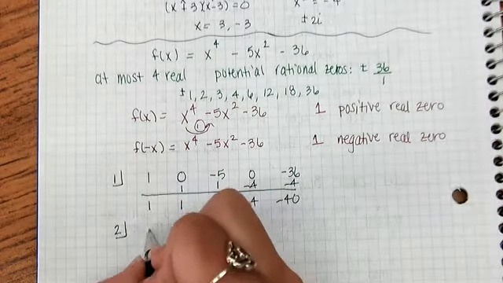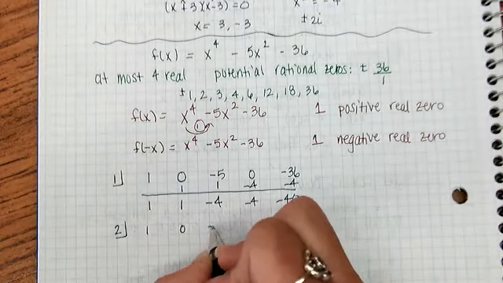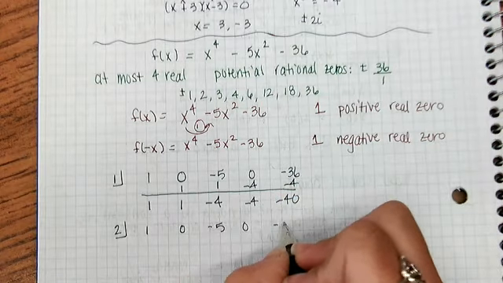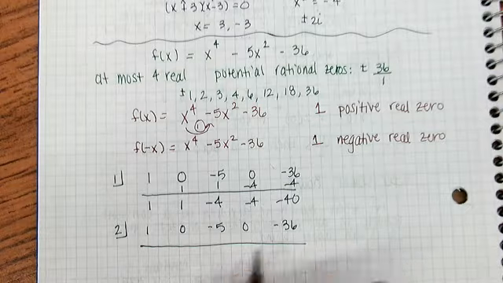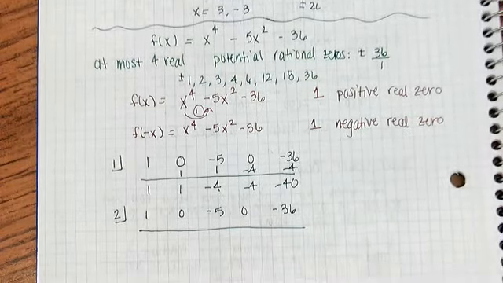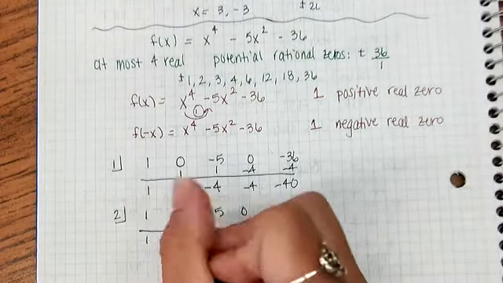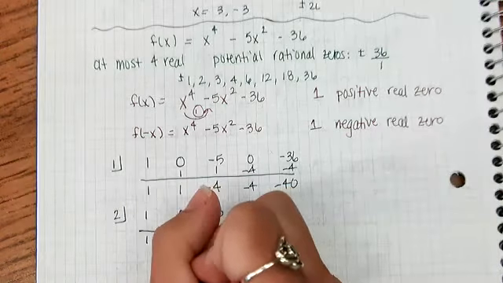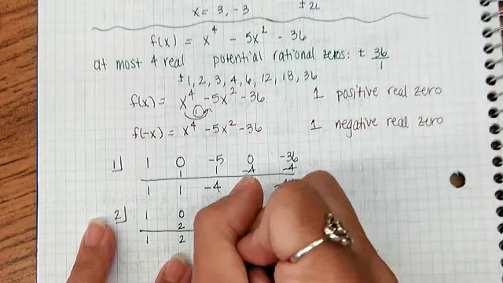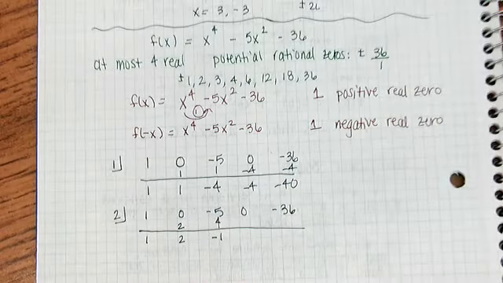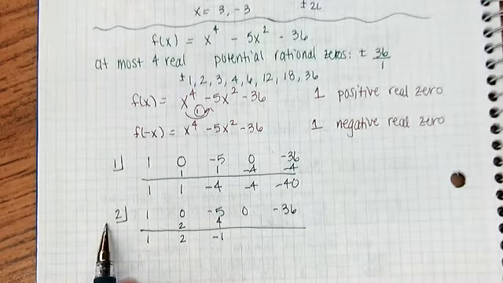Let's try 2. Bring down the 1. 1 times 2 is 2. Add, you get 2. Great. 2 times 2 is 4. Add, you get -1. Ugh. 2 is not the upper bound.